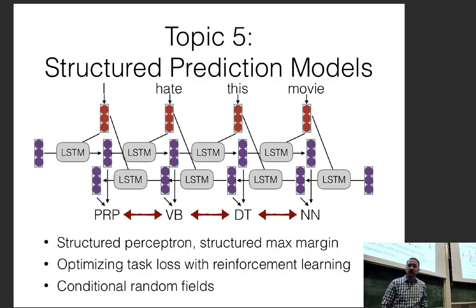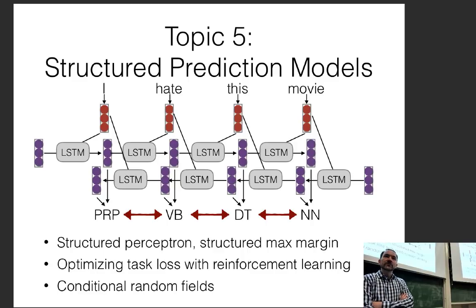I think one of the interesting things about a lot of prediction tasks in NLP is that they are structured prediction tasks. So we need to have some good method for modeling the dependencies between the various things in the output. So for example, if we have part-of-speech tags, how do we model the consistency between the part-of-speech tags in the output?